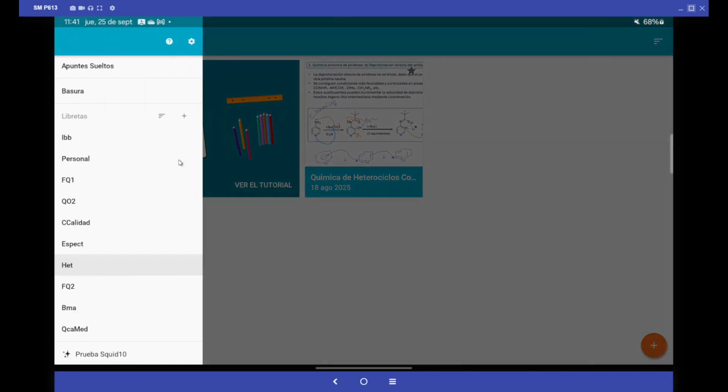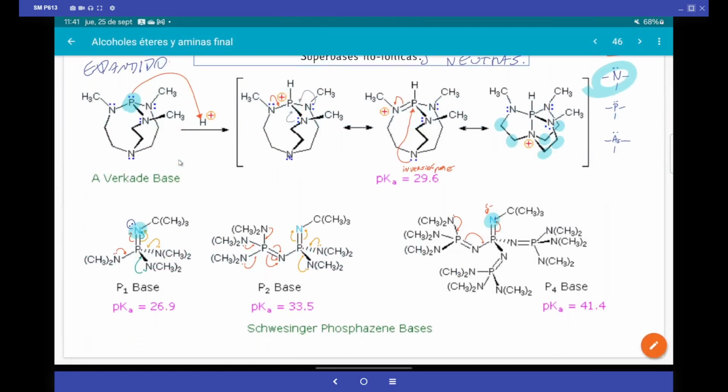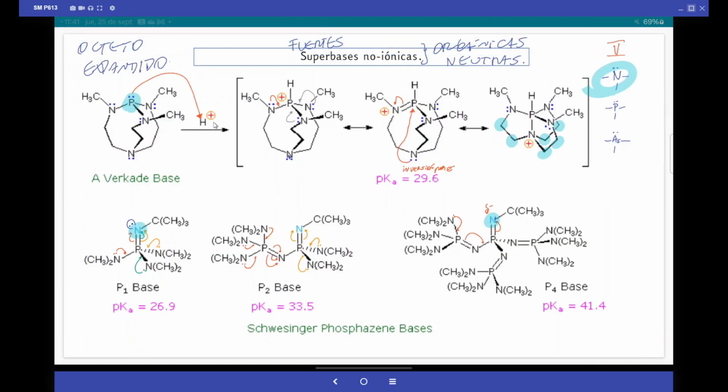It is a super complicated structure. There is the protonable phosphorus, and it has protonation capacity because it has an incredible resonance stabilization. These three nitrogens are stabilized by resonance, and the one below too.